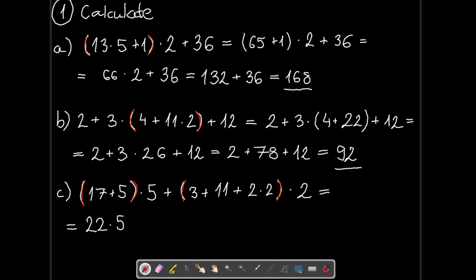Okay, so we cleared the first bracket. We still have the other bracket here. And inside the bracket we have addition and multiplication. And we need to do the multiplication first. So 2 times 2 is 4, times 2.